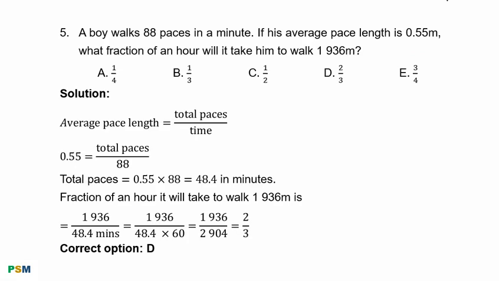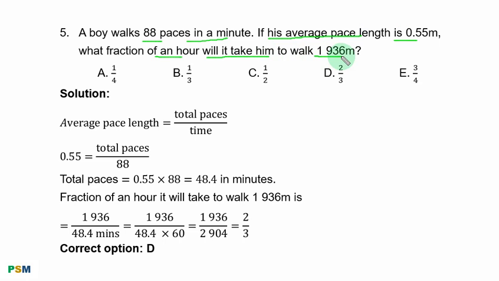Question 5. A boy walks 88 paces in a minute. If his average pace length is 0.55 meters, what fraction of an hour will it take him to walk 1,936 meters?